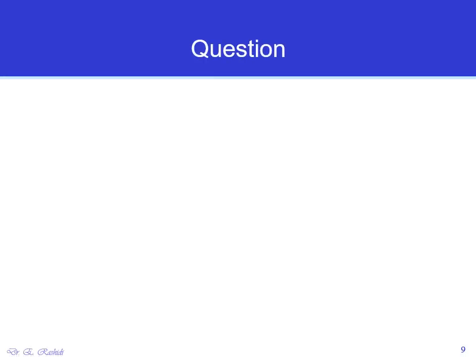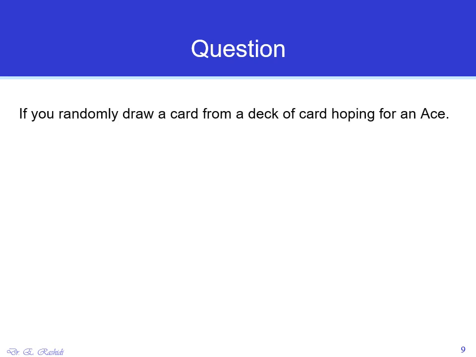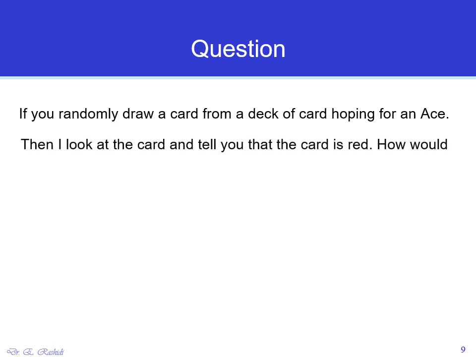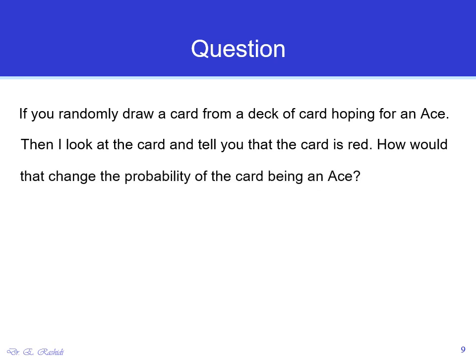Interesting question. If you draw randomly a card from a deck of cards and you are hoping for an ace, and I take a look at your card and I tell you, okay, the card is actually red. How would that change the probability of your card being an ace? Try to think about this question.